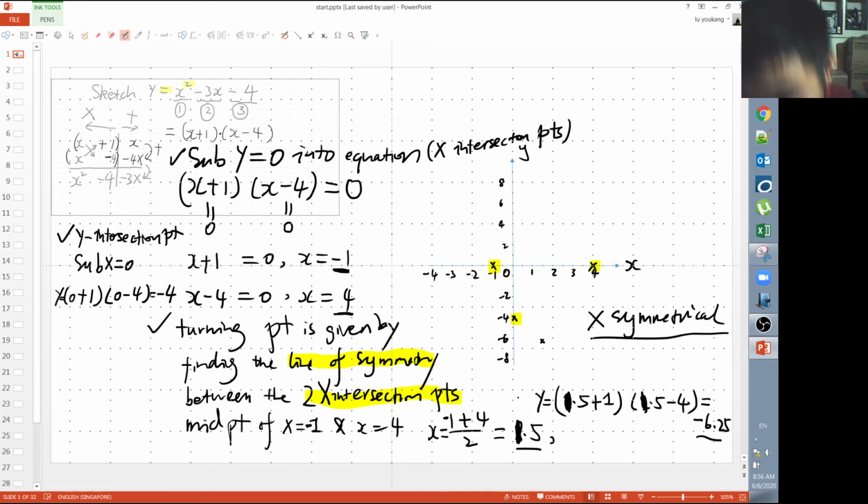Okay, so you know it's pretty easy to make mistake. Okay, but one important thing is when you make a mistake, you need to be able to self-correct. Okay, the important thing is self-correct. So now with this, I can actually sketch the curve and see if I get a symmetrical curve.